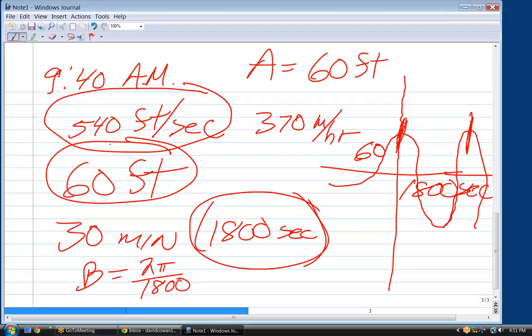And if it's going 540 feet per second, and we multiply that by 1800 seconds, seconds cancel, and we get the distance between the things is 540 times 1800 feet. What is that number? Do you have a calculator?